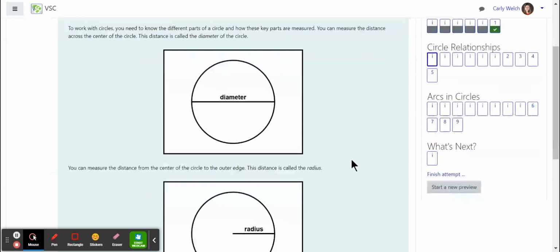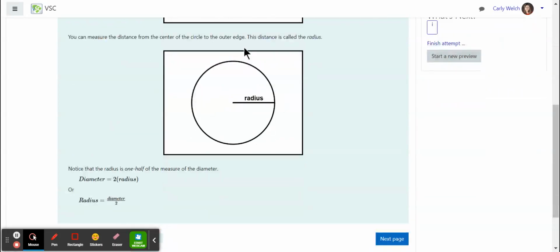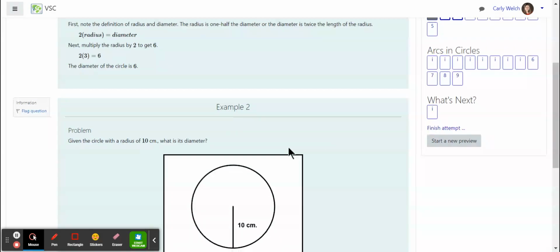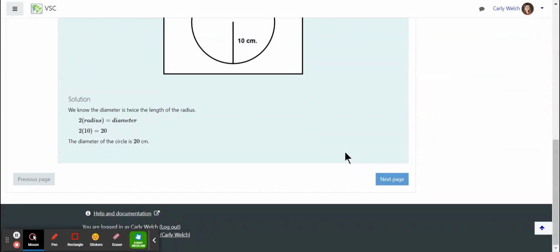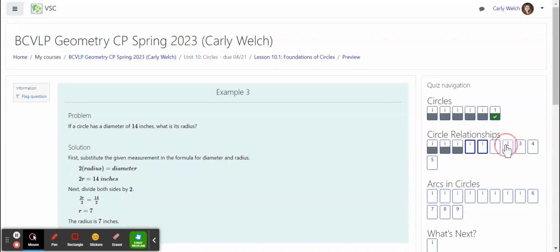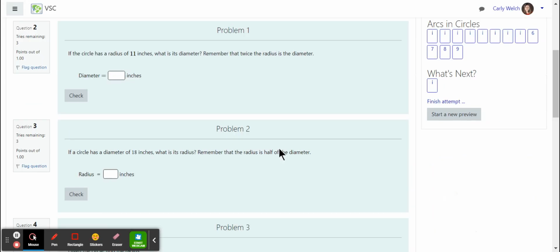All right, so diameter, you can measure the distance across the center of the circle. That's called your diameter. Half of that distance is called the radius. If a circle has a radius of 11, what's its diameter? Twice the radius is the diameter, so 2 times 11 is 22.